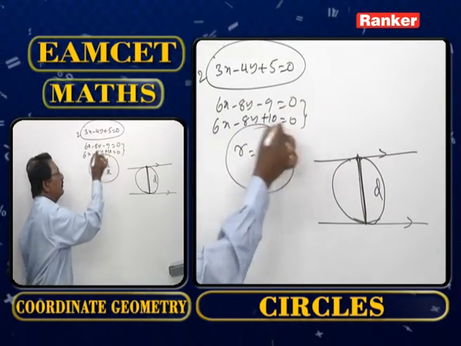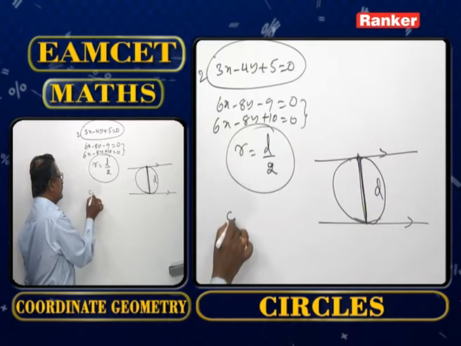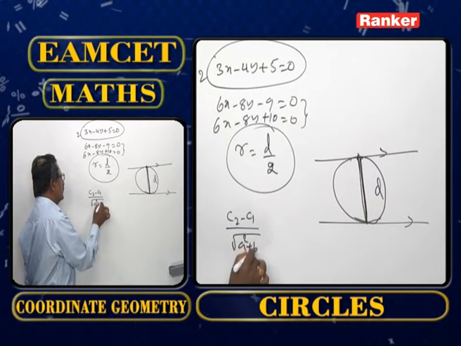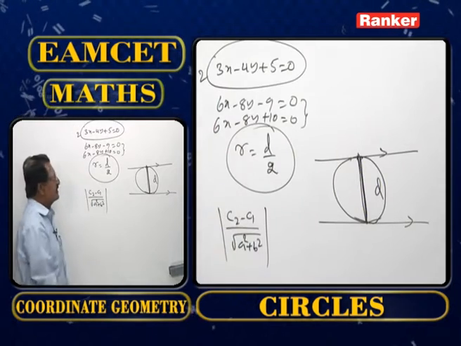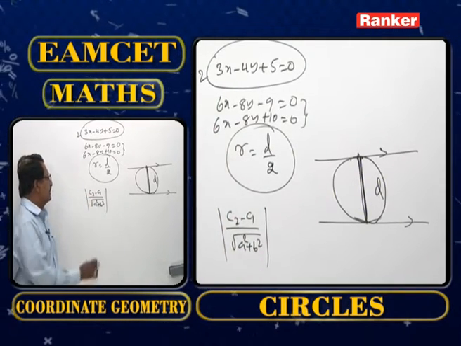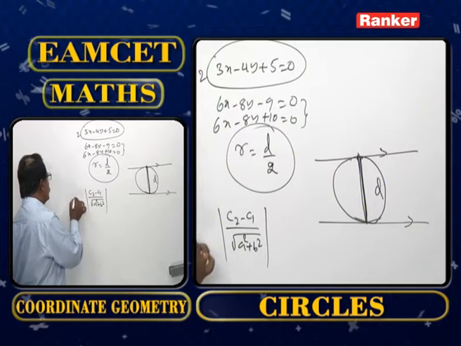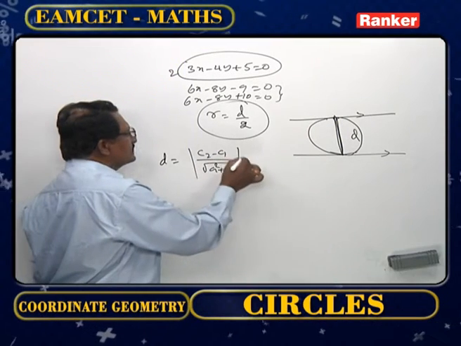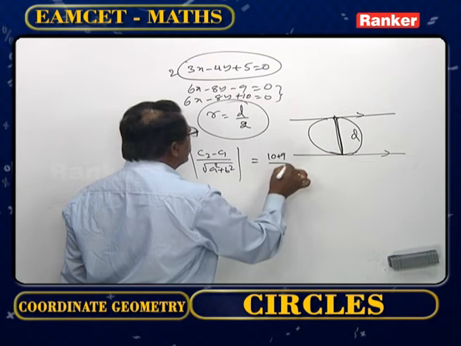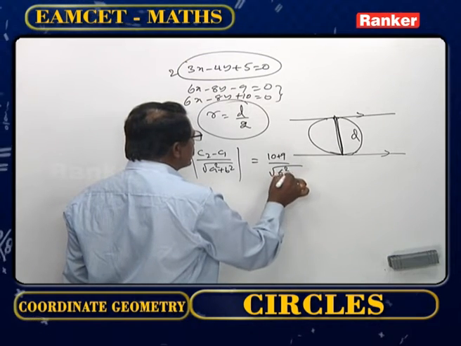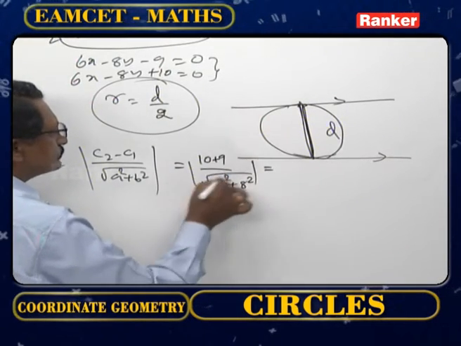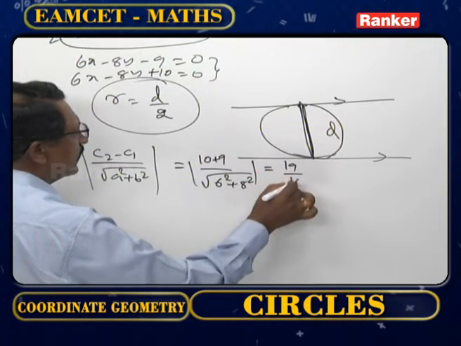Now, the distance between two parallel lines equals the modulus of c2 minus c1 by square root of a square plus b square. So d equals 10 minus of minus 9, that is 10 plus 9, by square root of 6 square plus 8 square, which equals 19 by 10.